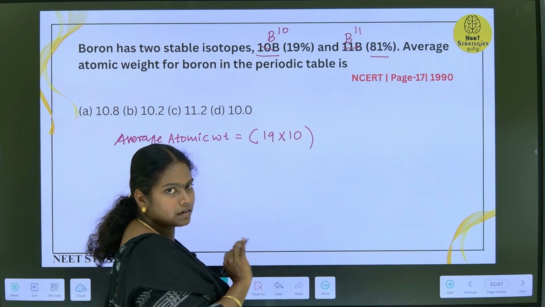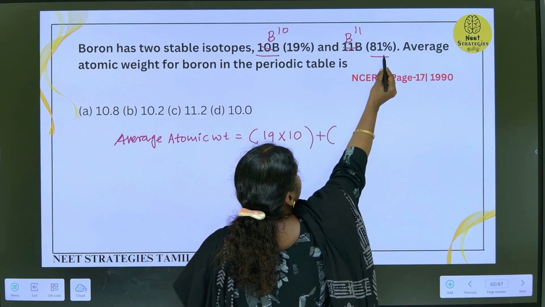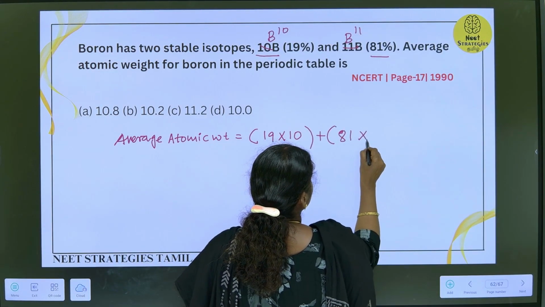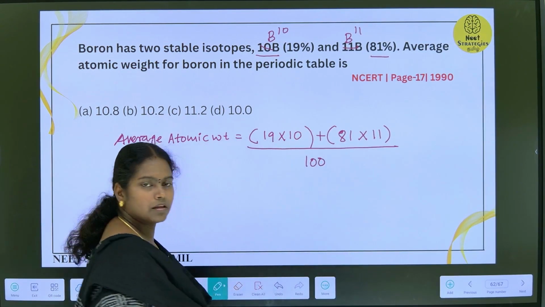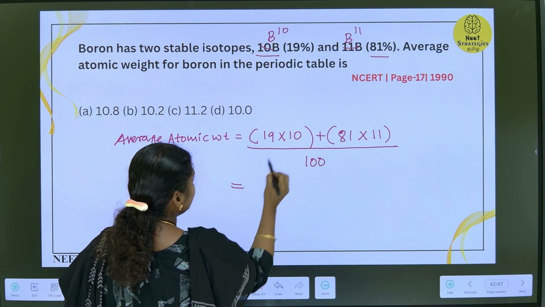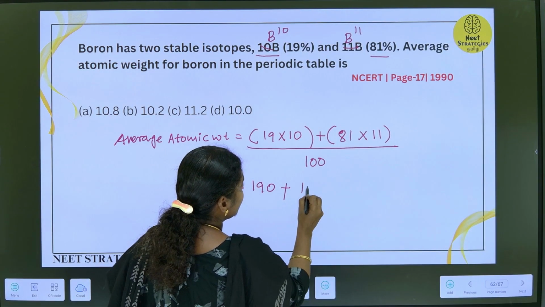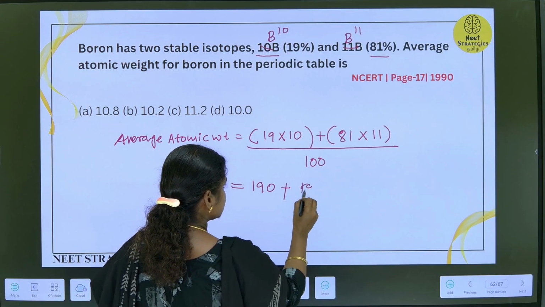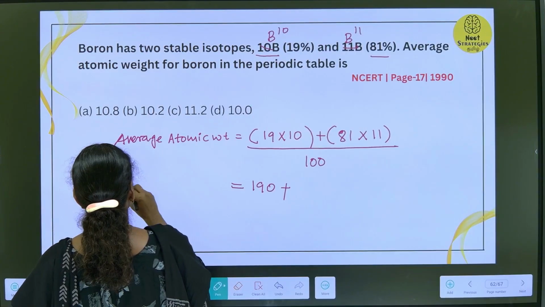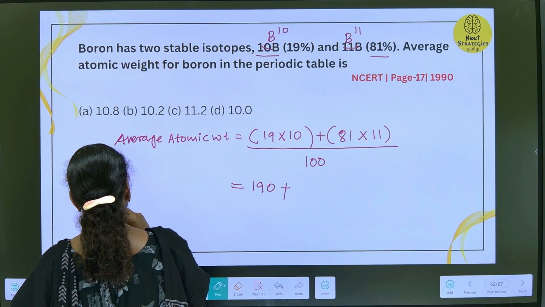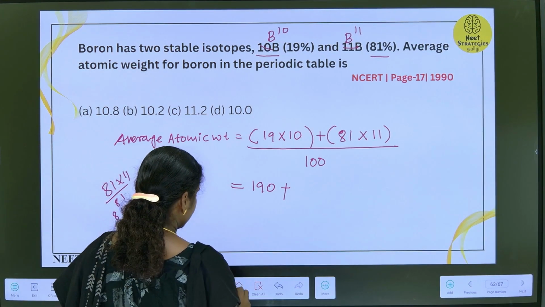That is completed for boron 10. Next one, put it for boron 11. How much percentage is there, 81% into 11, upon 100. So now we simplify: 190 plus 81 into 11. We will check one second. 81 into 11 is 891.